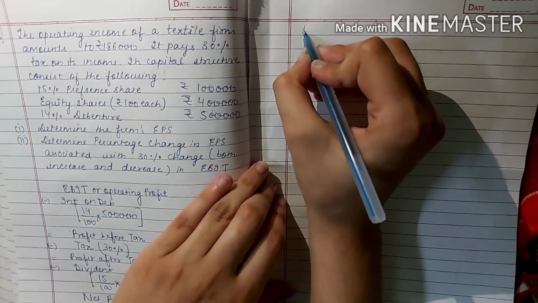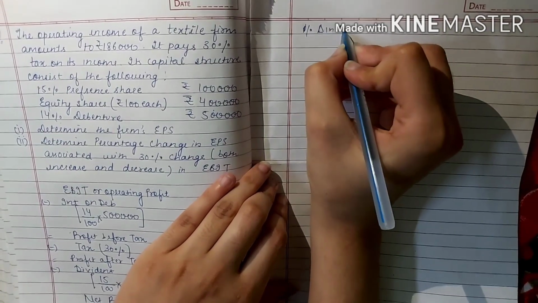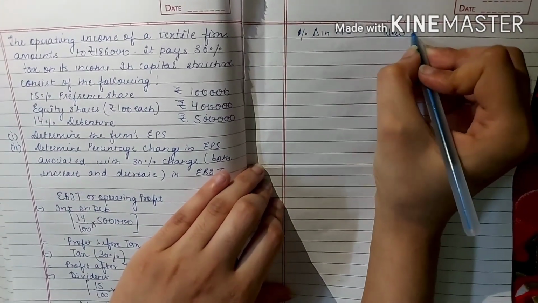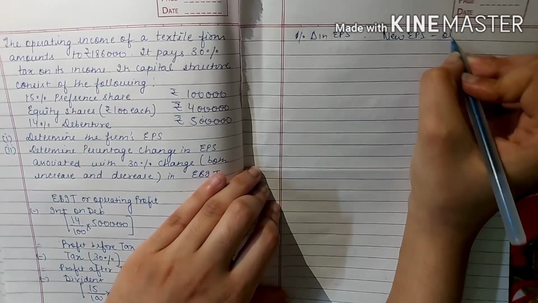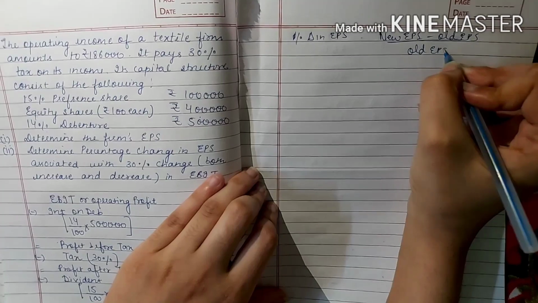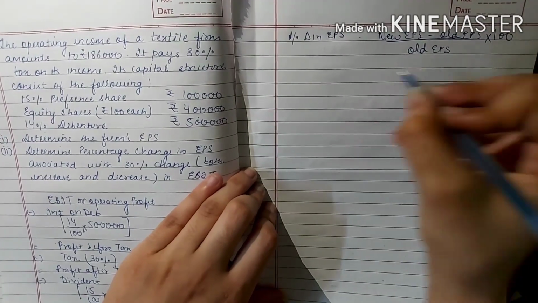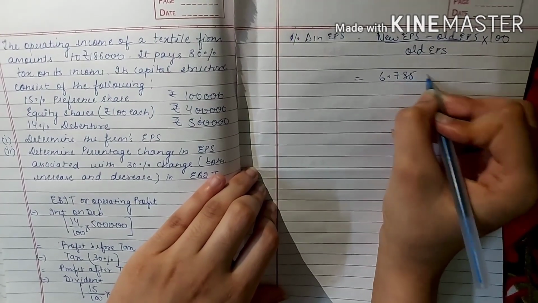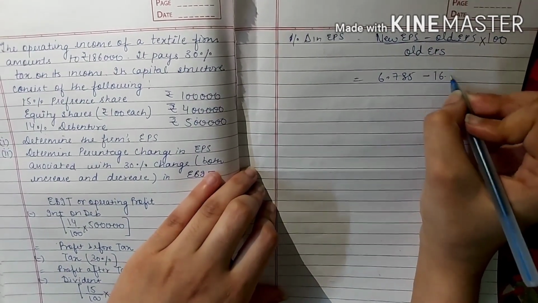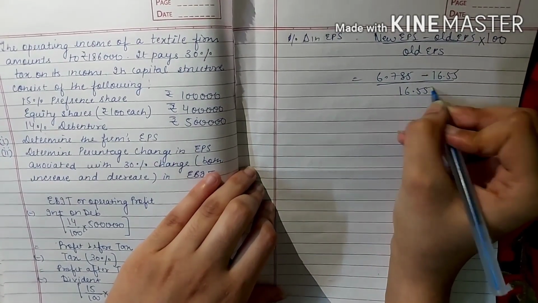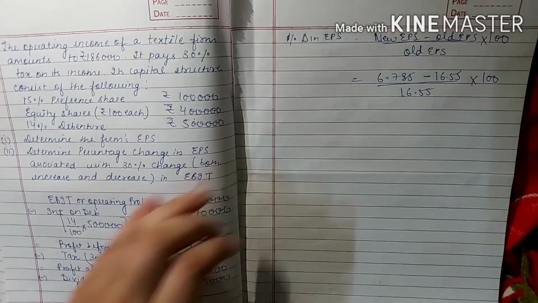Similarly for second, percentage change in EPS, new EPS minus old EPS upon old EPS into 100. So new EPS was 6.785, old 16.55, upon old EPS 16.55 into 100.